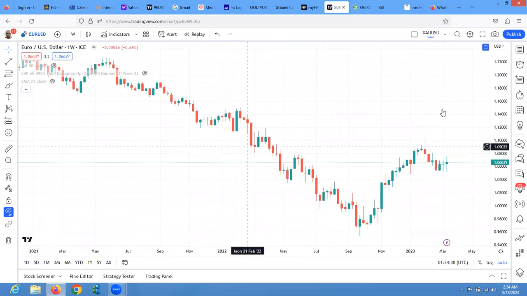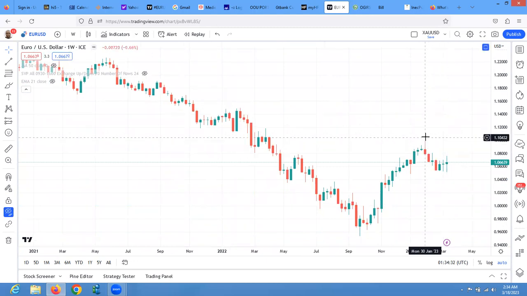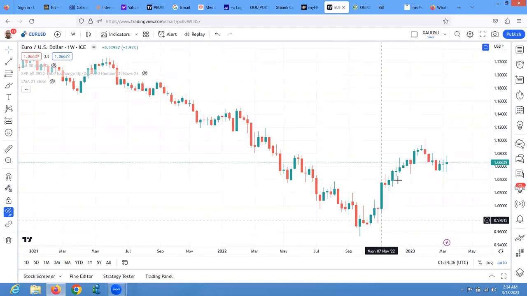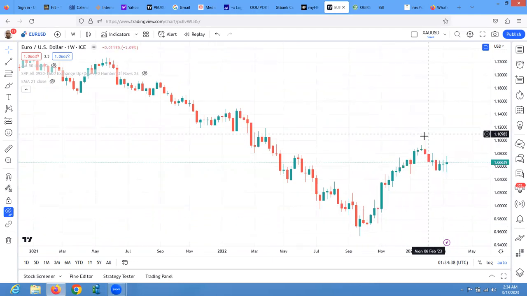So now, this is the 1, 2, 3, 4, and 5, which is the first correction of A, because now we've been selling. So this is a correction of A here.